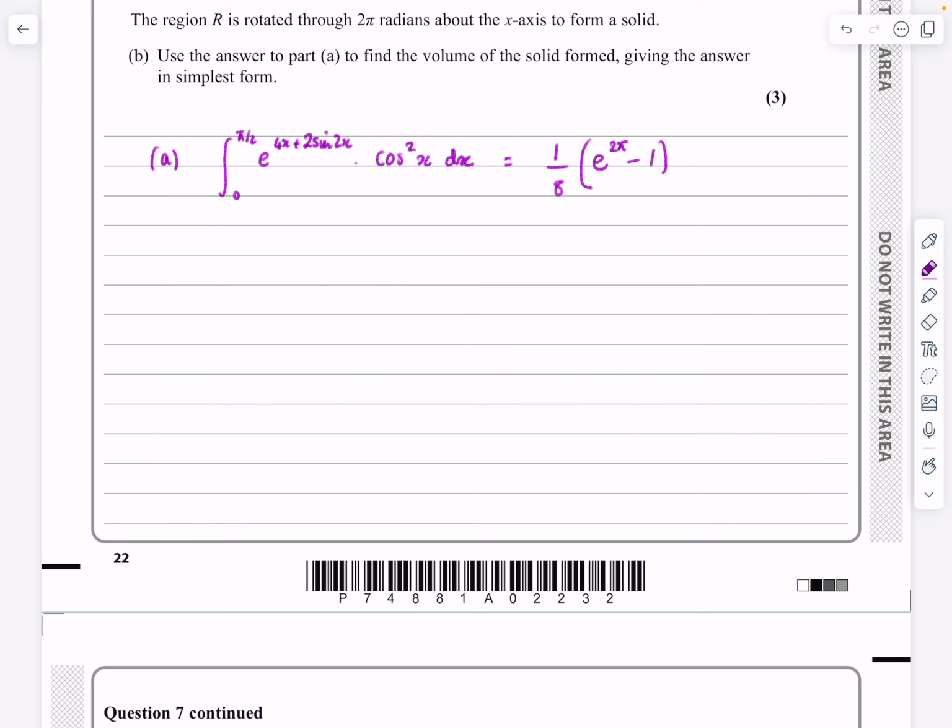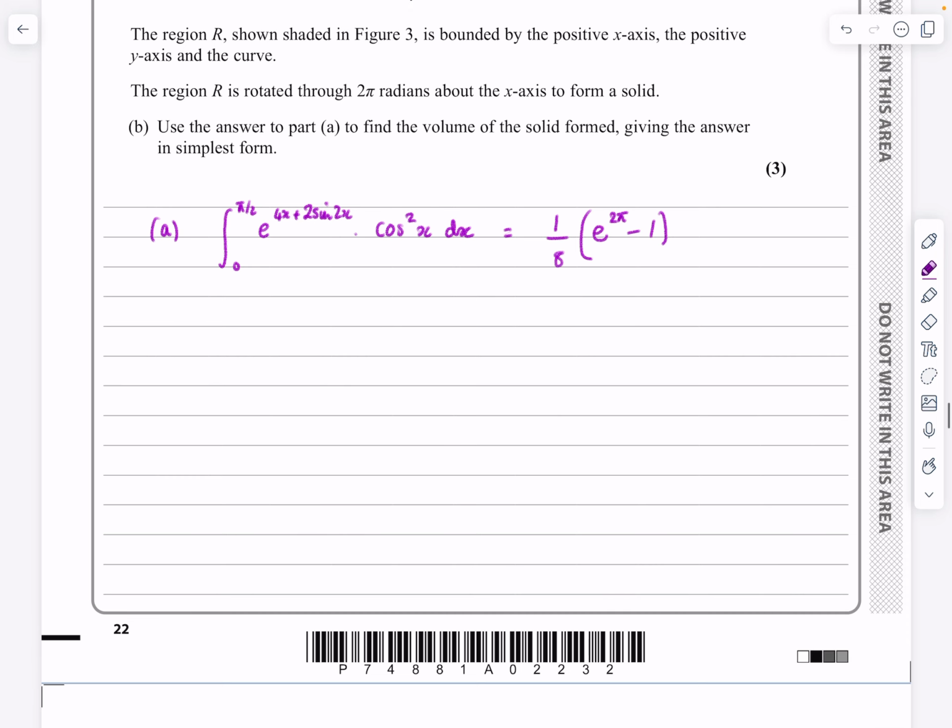Okay, it looks quite complicated, but let's just break it down into the nice simple parts that we have for any integration by substitution. They've told me that the substitution is u equals to that part there. So I know I'm going to get e to the u, which means it's the cos squared x that's going to cause me a problem, and it's also my limits that are going to cause me a problem.